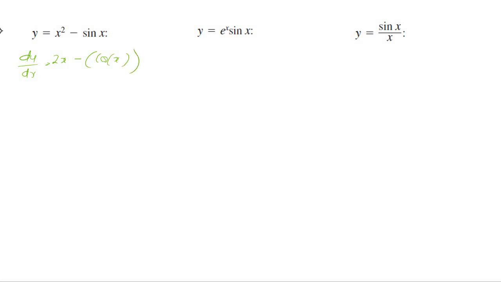Then this is a product rule. So for the product rule, we write e to the power x as it is, and we differentiate d over dx of sin x, and add to that sin x and the differentiation of e to the power x.